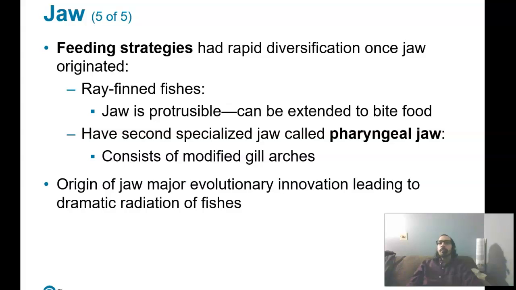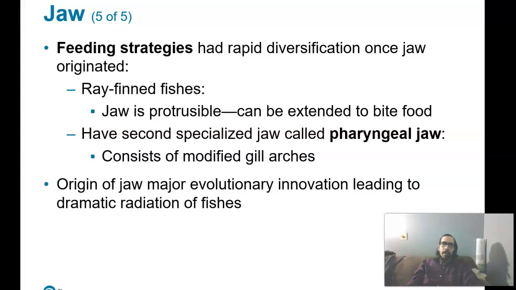For ray fin fishes, the jaw is protrusible and can be used to bite food, and also to suck in food. In water, when a fish opens its mouth, that creates a negative pressure that draws water in.